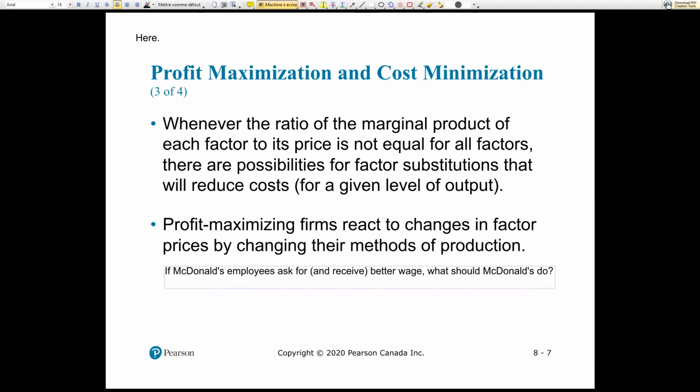So in a sense, what you're saying is replace poorly trained employees with higher skilled ones to justify the wage increase. So that makes sense.